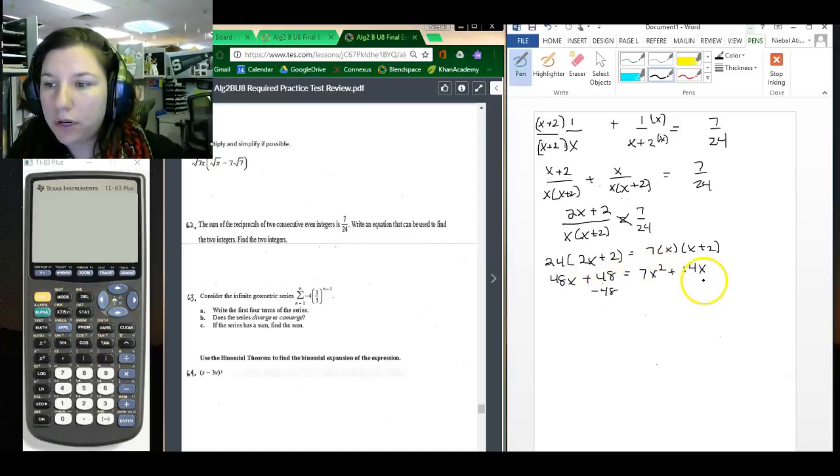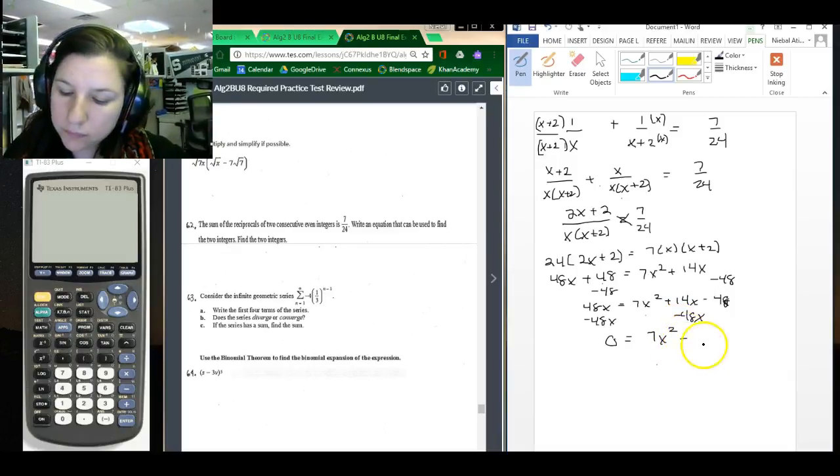So we're going to subtract 48 from this side, and then I'll subtract the 48x. These are like terms, so you're going to simplify here. So you get 7x squared minus 34x minus 48.